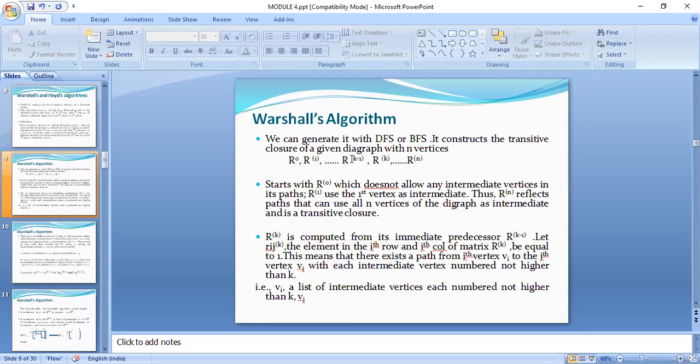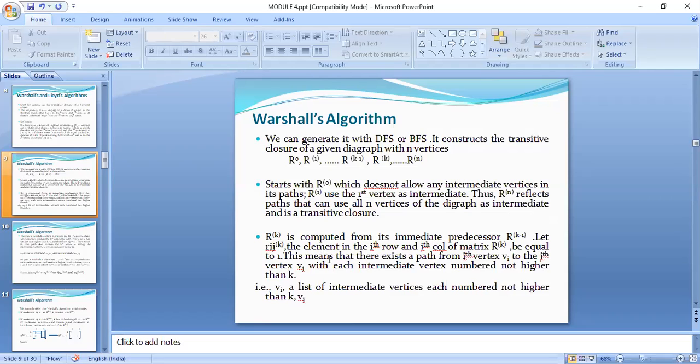At each step, we will be generating the matrices for each vertex. We will see how effectively you can generate it by considering all the various steps.